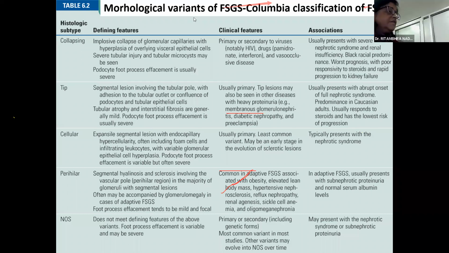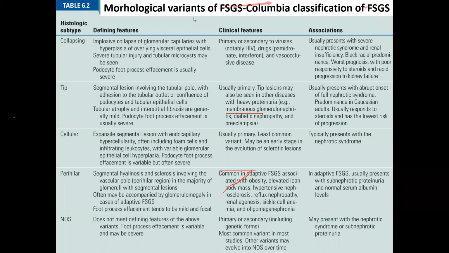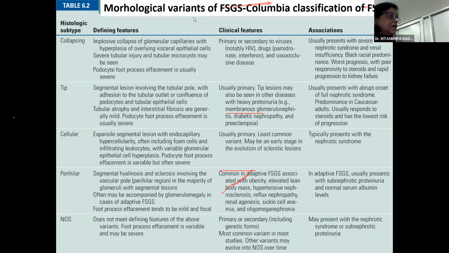Yeah, so this point is very important to emphasize, is that many books, many articles would mention presence of IgM or C3 in FSGS. But these deposits, when they are talking of entrapment of these IgM and C3, very commonly happens in any sclerotic area. So sclerotic tissue entraps IgM and C3.